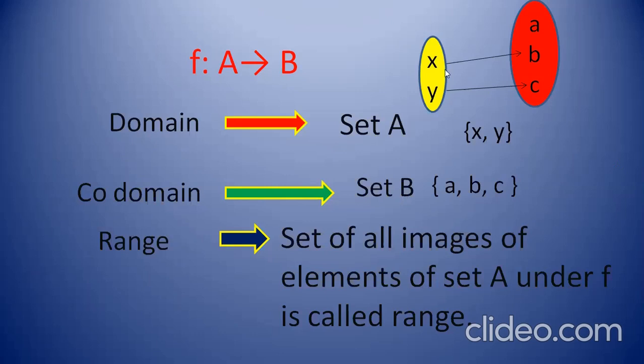The range is b and c, because b has a pre-image in set A and c has a pre-image in set A. So b and c are the members of the range. Now we know very well the domain is the set A, the codomain is the set B, and the set of all the images of elements of set A under f is called the range.